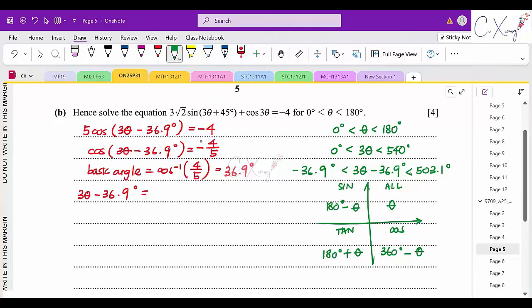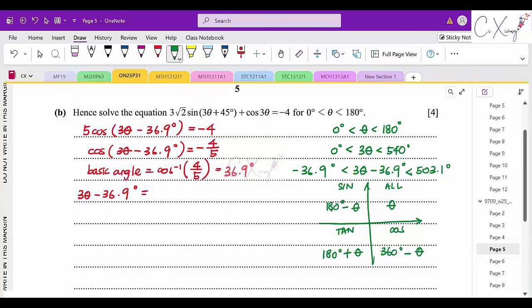Alright, so let's have a look here. We are looking for cos with a negative value. Can you see that? Cos with a negative value. So under what quadrant should you have cos negative? Right, so let's start with the first quadrant. In the first quadrant, cos is positive, so I don't accept the answer from this part. In the second quadrant, cos is negative because sine is positive, then cos is negative.